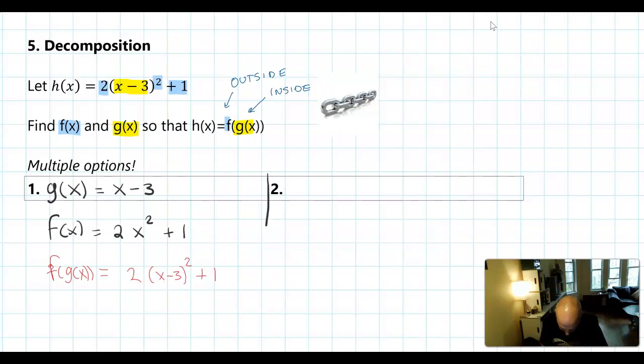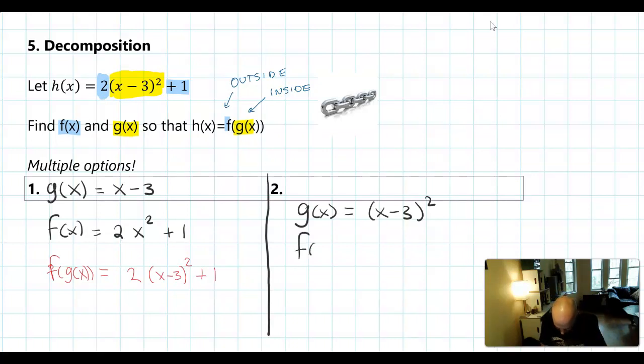What's fun about decomposing functions, and I actually really enjoy doing it, is you can have many options for what your inside and outside functions are. So for example, I could have also said, let my g of x be the whole parabola part, x minus 3 squared. Then the outside function is the function that would multiply that by 2 and add 1. So then the f of x would be 2x plus 1.